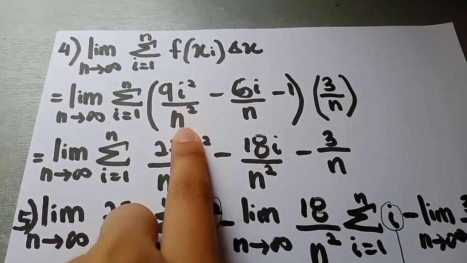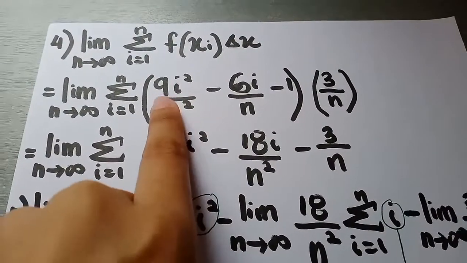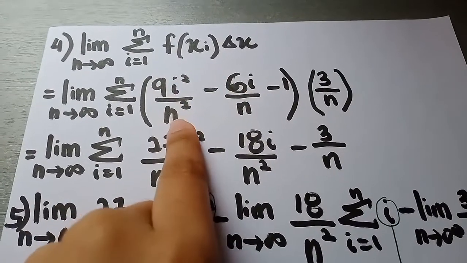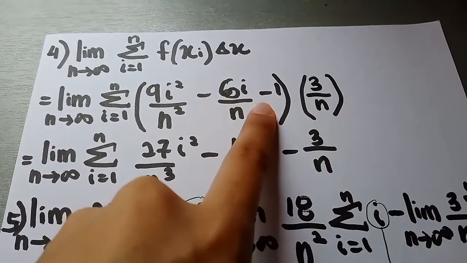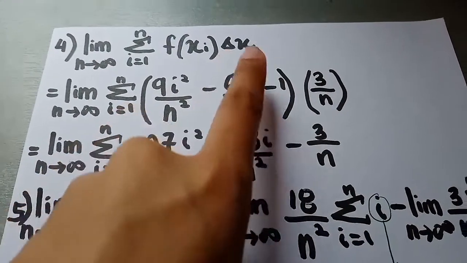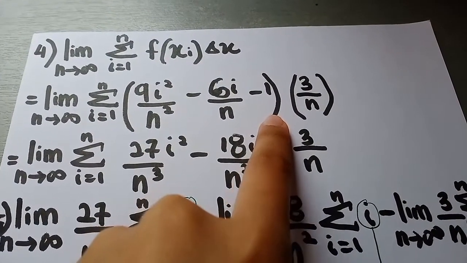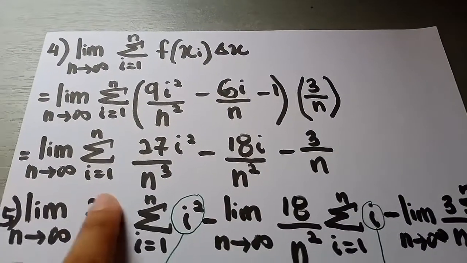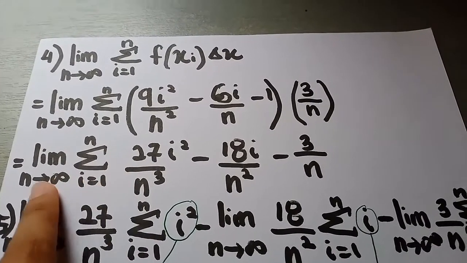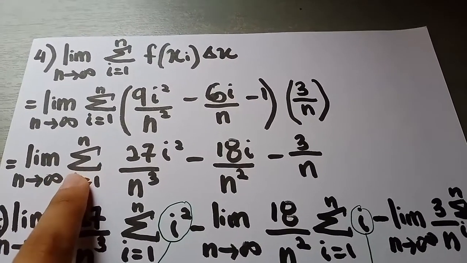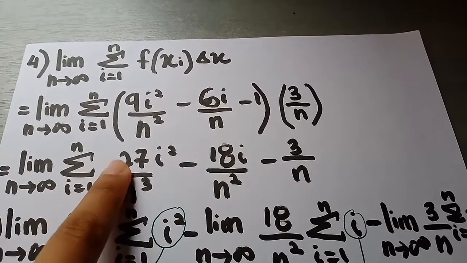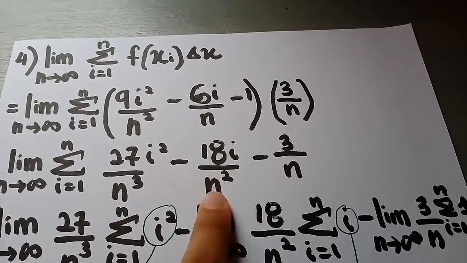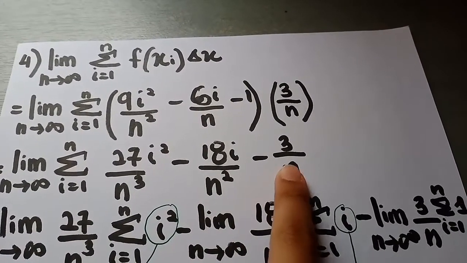Our f(xi) is 9 over n squared i squared minus 6 over n i minus 1, and we got delta x from before, which is 3 over n. So we simplify it, and we get the limit as n approaches infinity of the summation i equals 1 to n of 27 over n cubed i squared minus 18 over n squared i minus 3 over n.